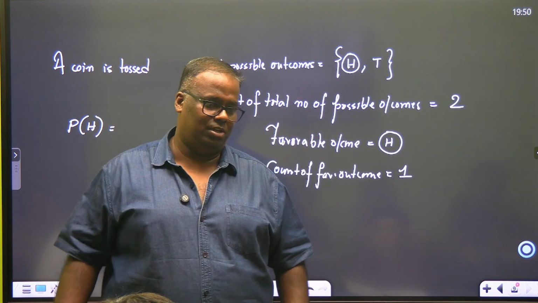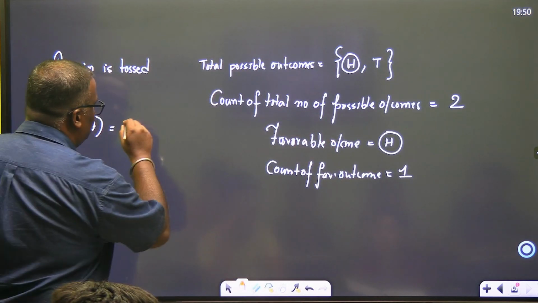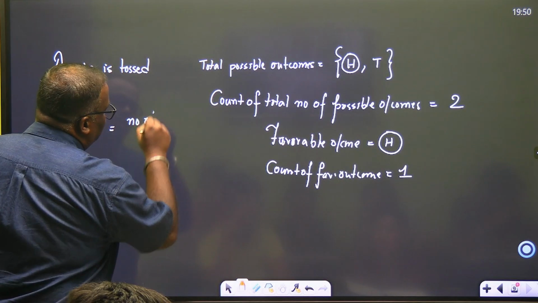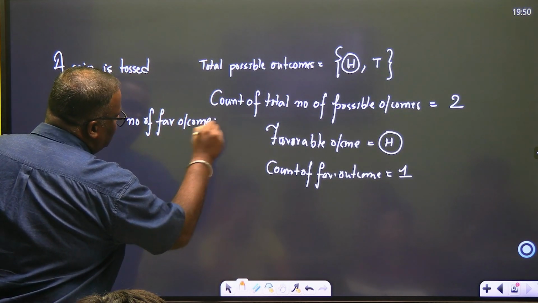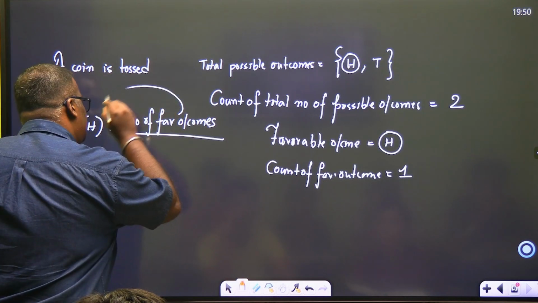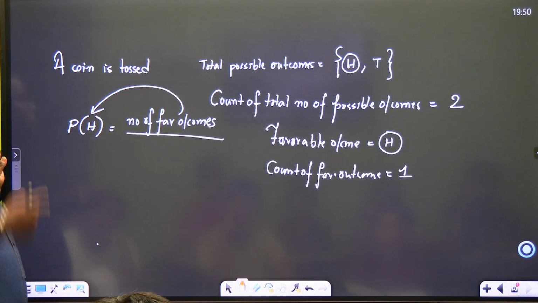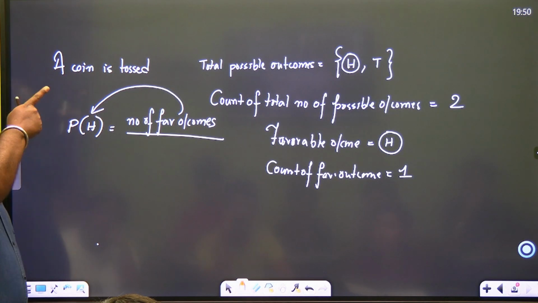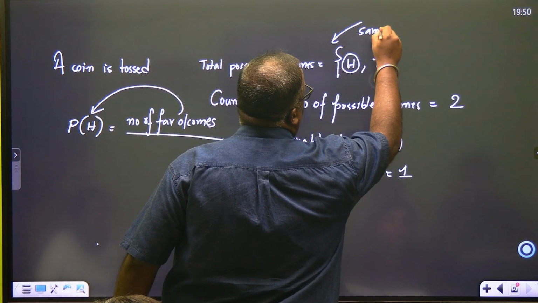Okay. So probability of head, we will say number of favorable outcomes. And when you see the favorable outcomes, you will always measure it to what is your favor. What are you looking for? I am looking for head. So look for the number of favorable outcomes in the sample set. This is my sample set.